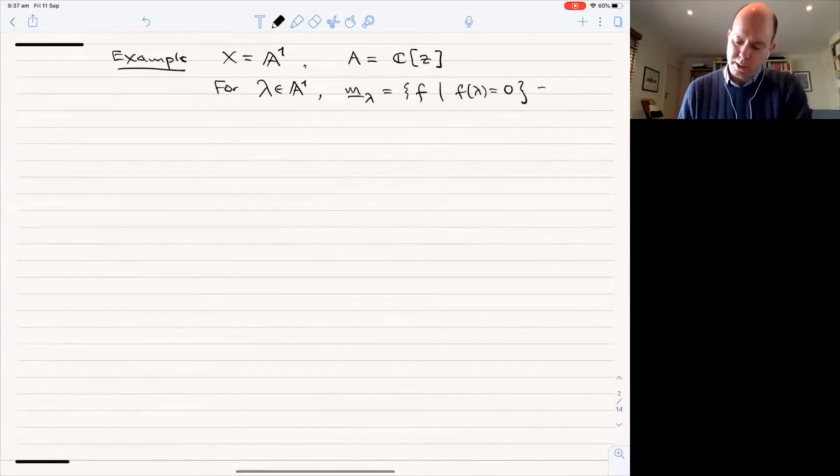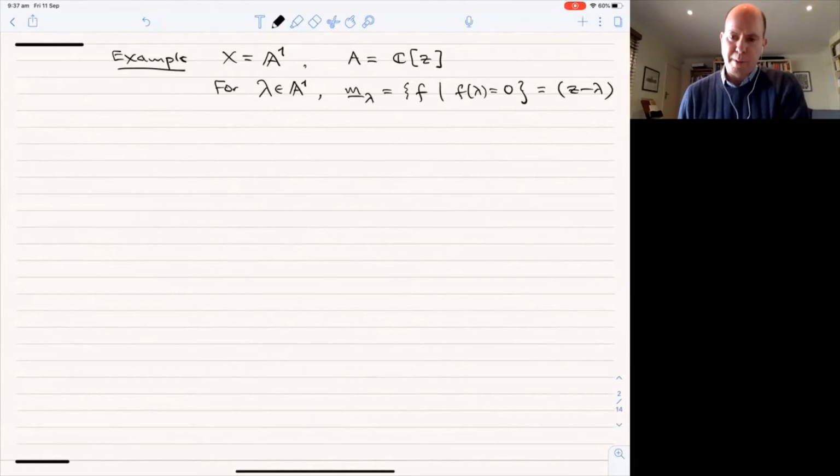So this is, of course, the ideal generated by the polynomial z minus lambda. So that's the explicit description of maximal ideals in this case.